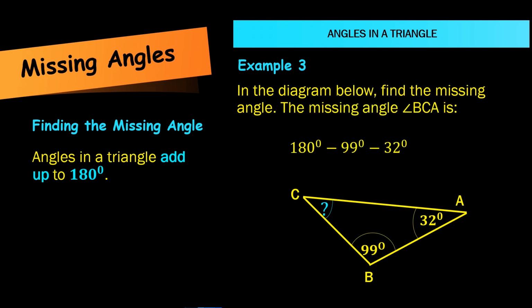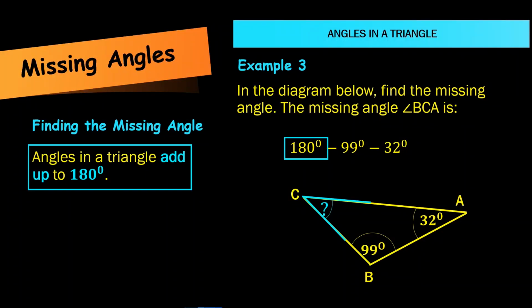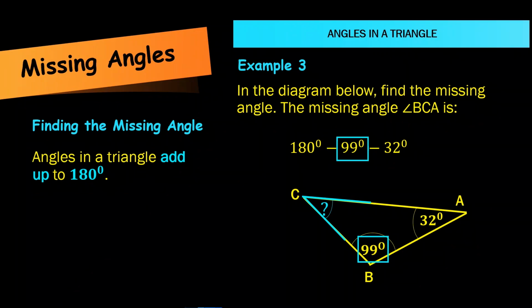Since the angles in a triangle add up to 180 degrees, the missing angle BCA is equal to 180 degrees minus 99 degrees, which is one of the other angles, minus 32 degrees, which is the size of the third angle. This gives us 49 degrees.